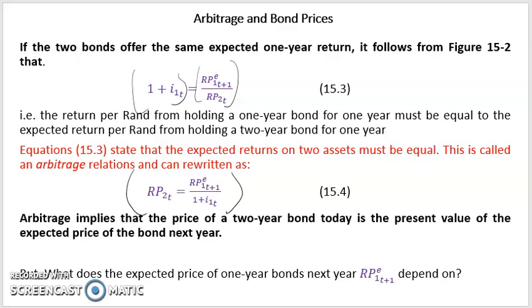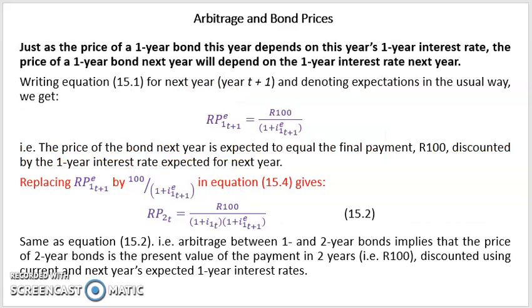But this raises the next question: what does the expected price of the 1-year bond next year depend on? The answer is straightforward. Just as the price of the 1-year bond this year depends on this year's 1-year interest rate, the price of the 1-year bond next year depends on the 1-year interest rate next year.